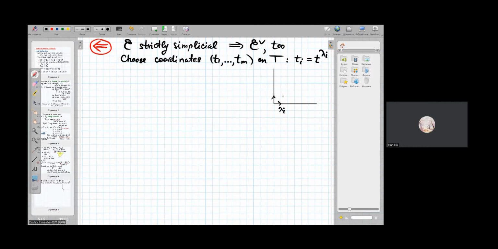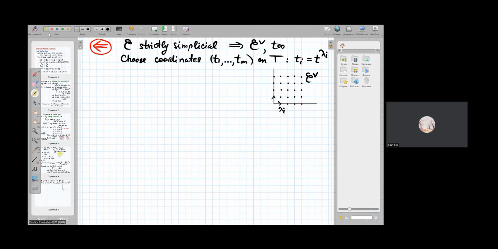And let me again mark by dots all other lattice vectors, well, maybe not all of them, but at some distance from the origin. All other lattice vectors in this cone. Okay, so this is my cone C check.